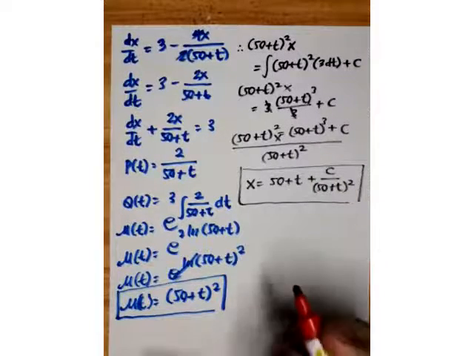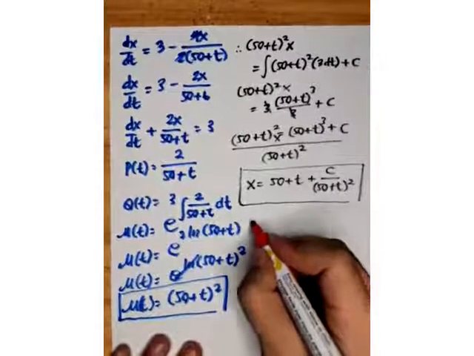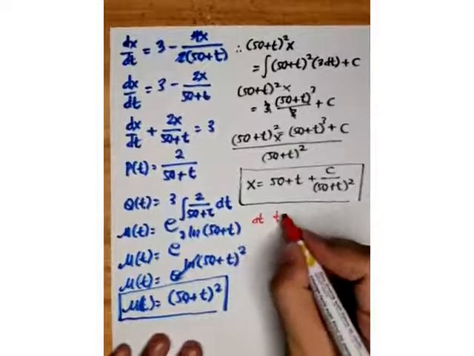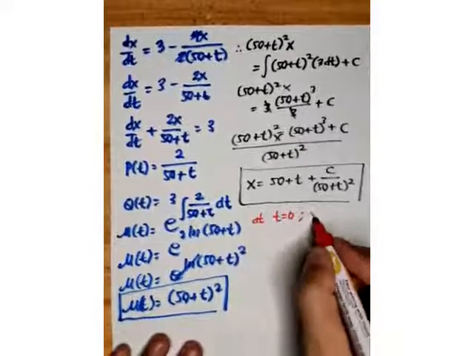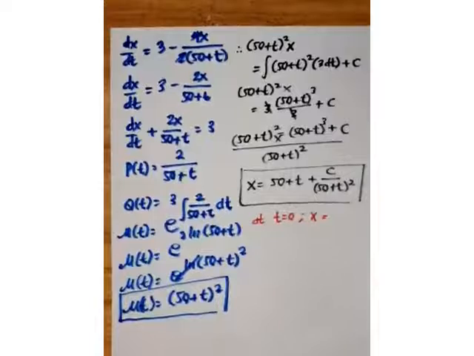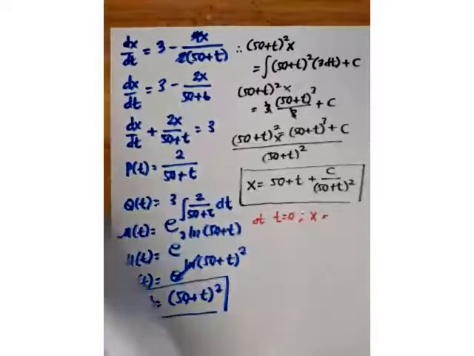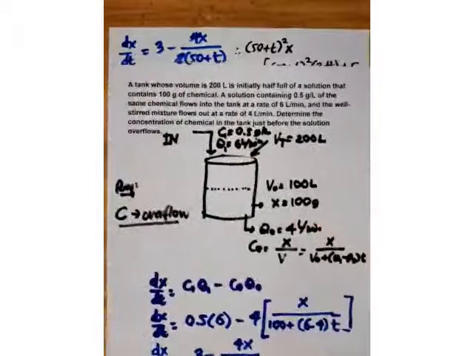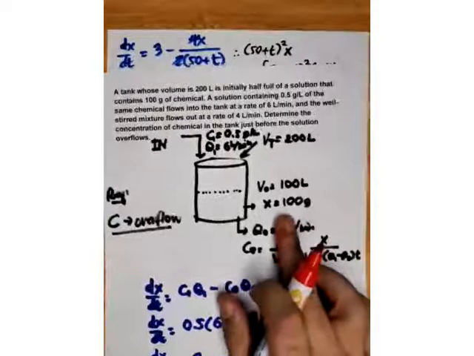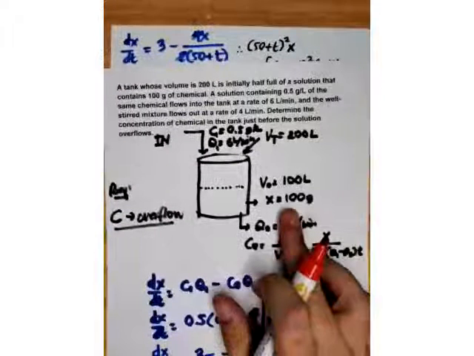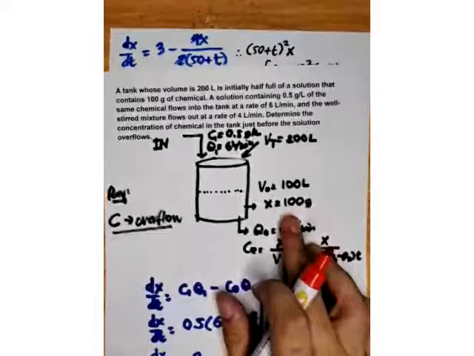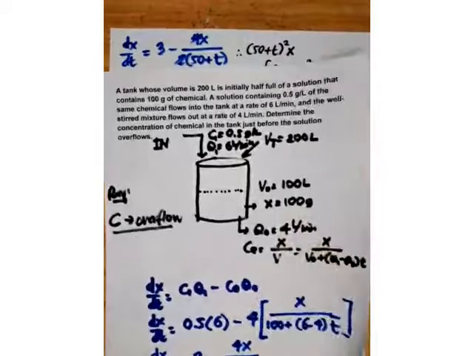Next. Pag nakuha na natin yung general solution, so let's apply our initial condition. When t is equal to 0, let's go back to the problem. So when t is equal to 0, what's the amount of substance in the container? So it is 100 grams.